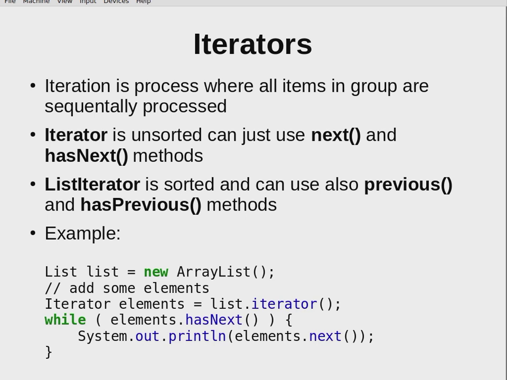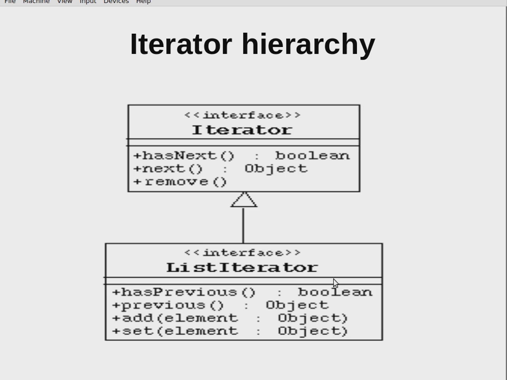And if this list or collection is not sortable, you can only iterate through all elements in one direction. But if this collection is sortable, like a list, you can go both forward and backward. So any iterable element allows you to go through all elements from the first till the last.